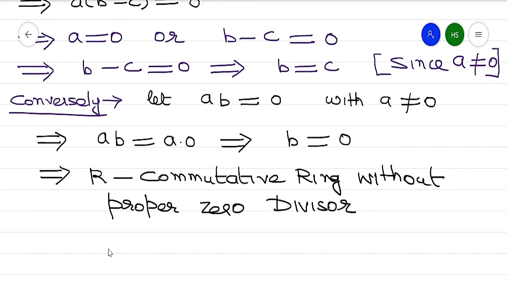So it means this R is an integral domain. So here remember that in an integral domain, the left cancellation law holds. So if the left cancellation law holds, then it is an integral domain.